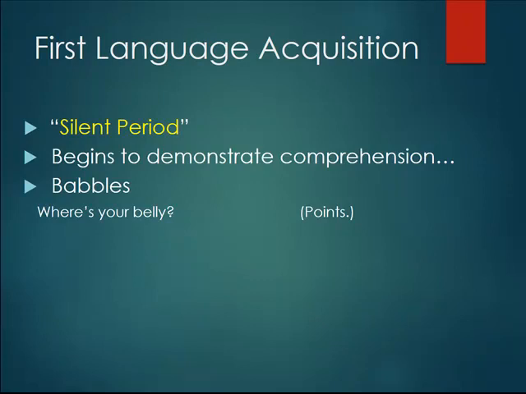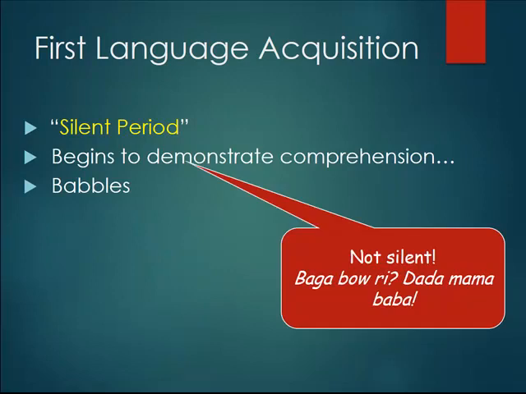In fact, many parents teach their young babies sign language at this point because they're able to gesture much more easily than they're able to articulate any recognizable words. So if you say to a young baby, "Where's your belly?" you might get the response of her pointing at her belly. Similarly, if you say something like, "Want to go bye-bye," she'll understand that and run and get her coat.